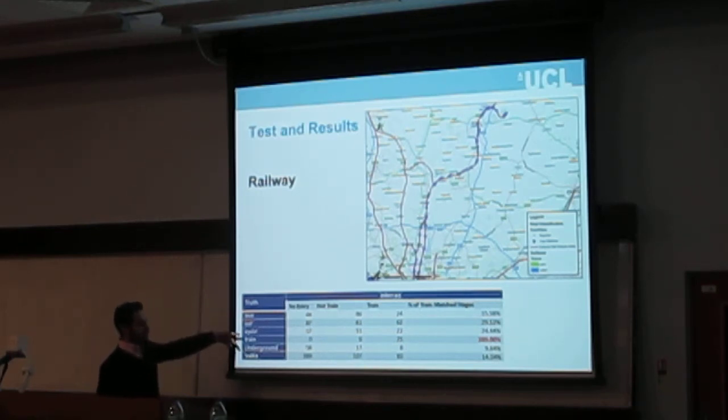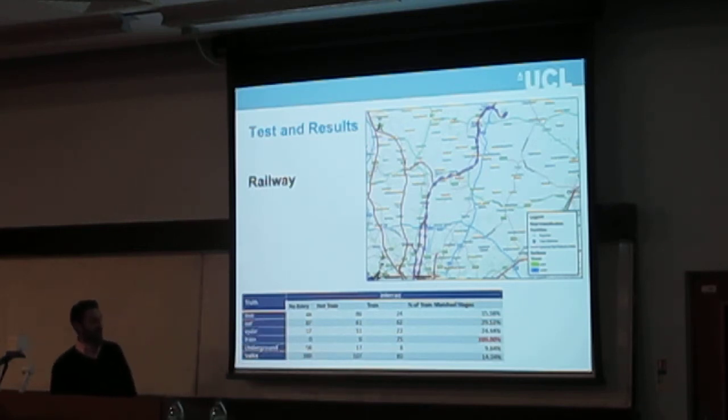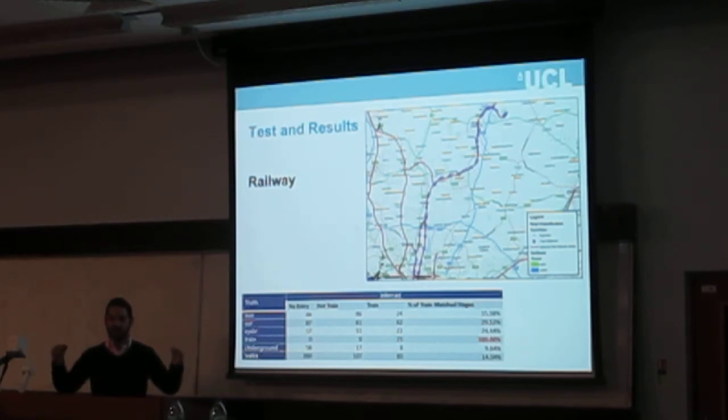So you can see lots of confusions with other modes, which shows that the usage of routing information is quite important to differentiate between the modes. Otherwise it's simply saying that if the whole stage is close to a train network, then it is a train trajectory, rather than assessing whether it's moving around the network or not.